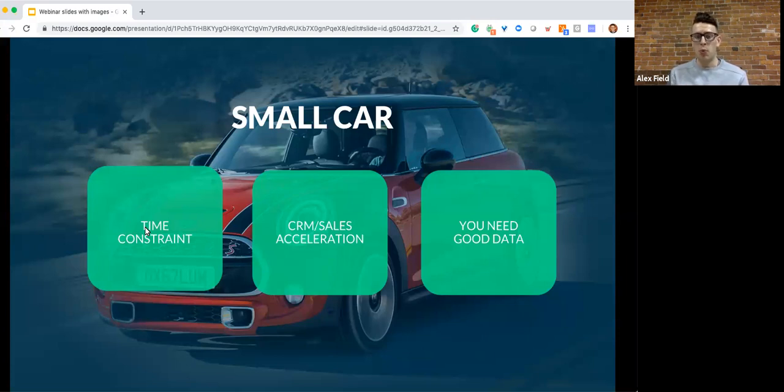And at this point in the journey, it may be something along a firmographic fit, right? If you're in a small car, chances are you don't have a ton of customers that you're already working with. So how can you establish who is relevant for you to go after, using firmographic information like the titles that you want to target within an organization, the company size, the industries, to identify those accounts that are best fits for you to go after.